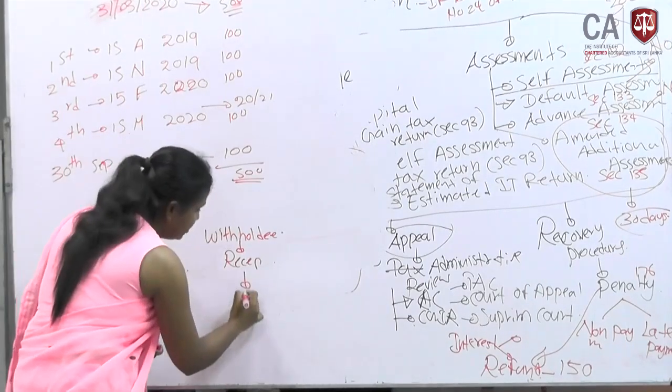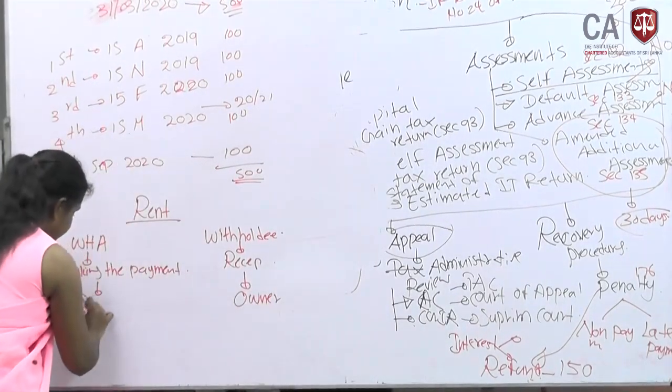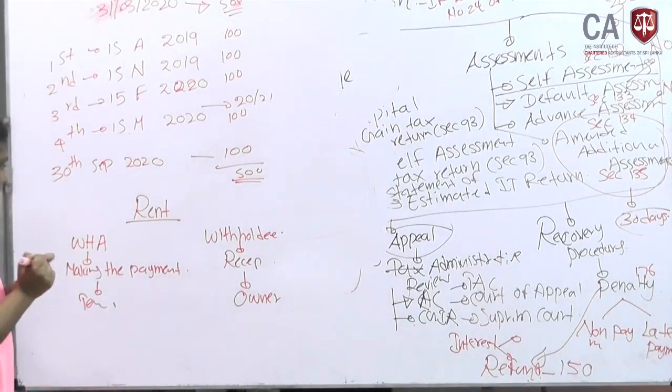Then this is the owner of the property, and he is the tenant. I think now it's understandable.